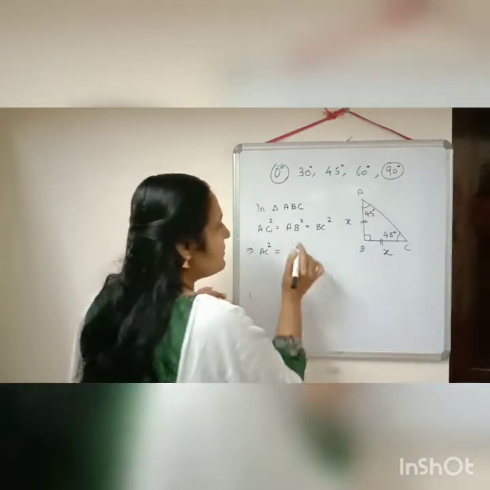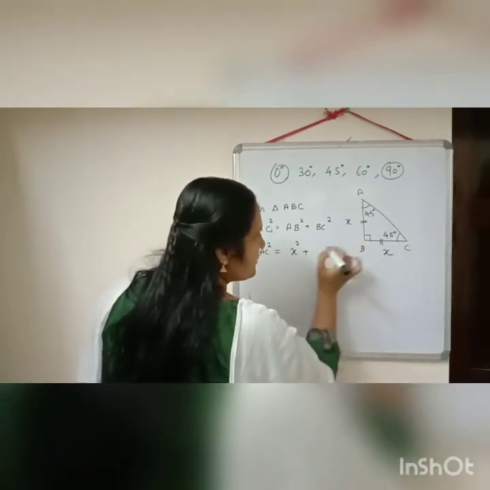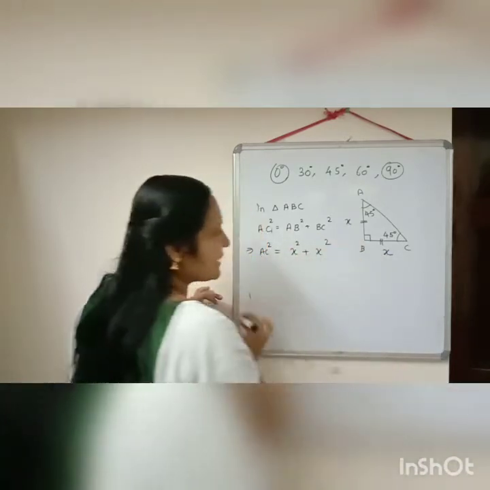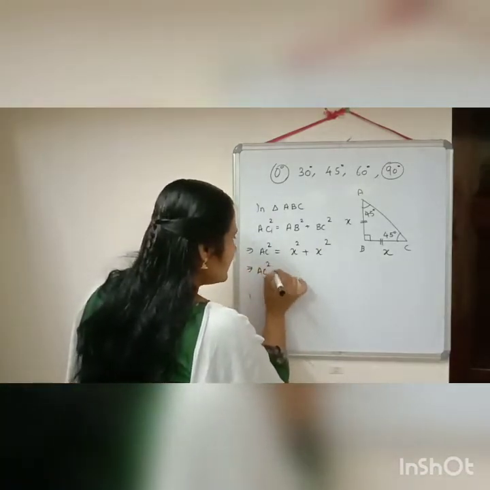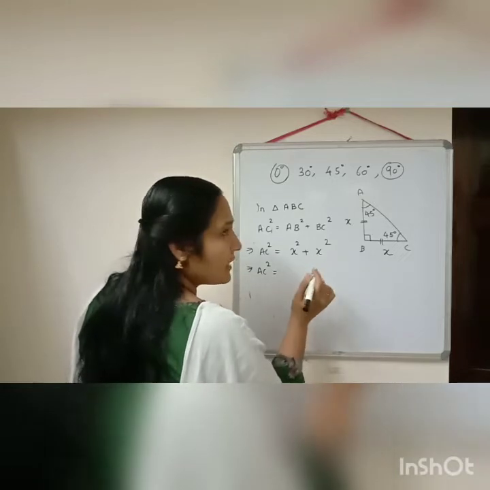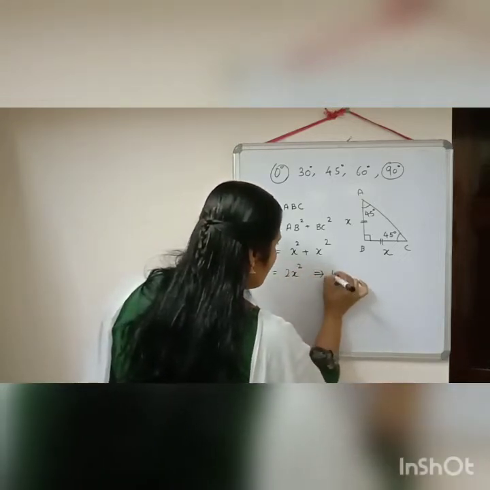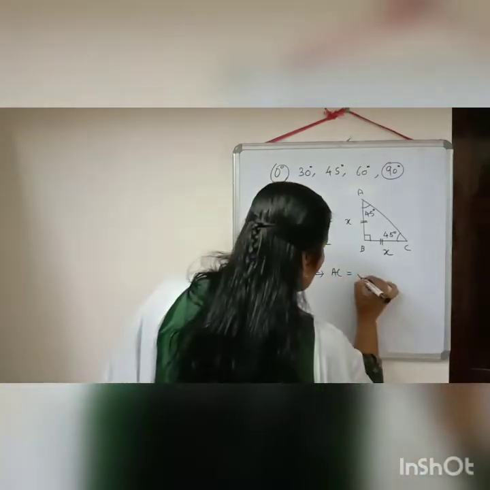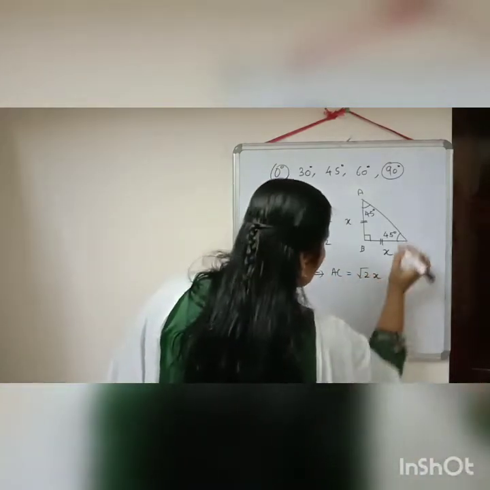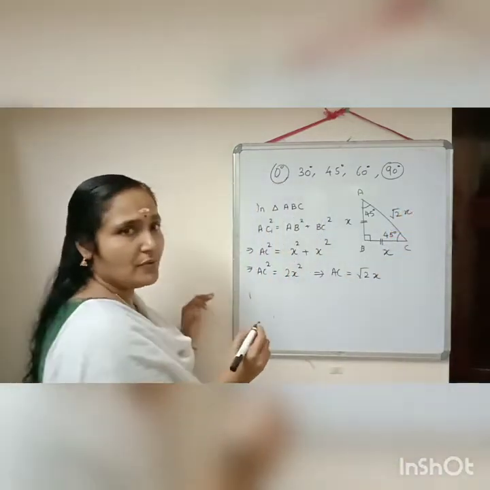X. So AB square will be X square, plus BC also is equal to X, so X square plus X square. Then AC square is equal to 2X square. Then how much will AC be? Yes, AC will be equal to root 2 X. So we got AC equal to root 2 X.